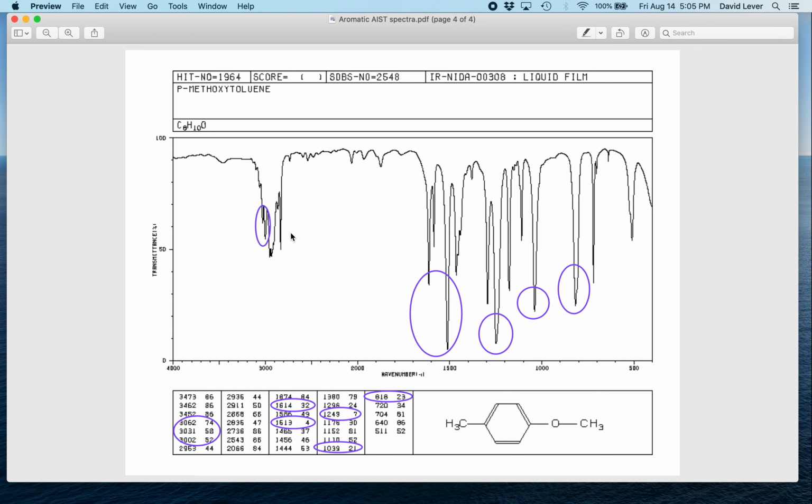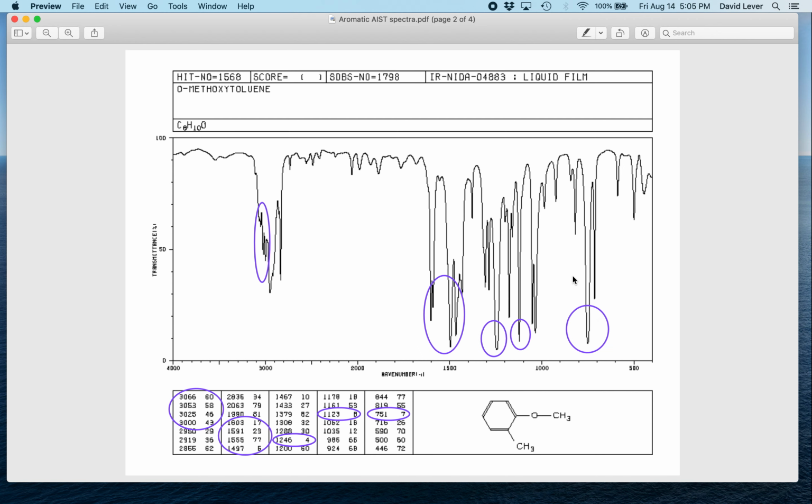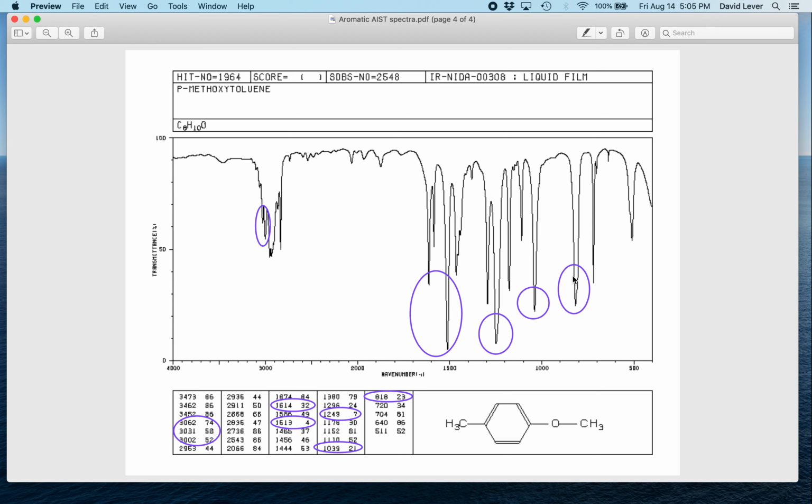A para-substituted benzene, a 1,4 substitution, our single peak here is at 818, as opposed to where it was for the ortho substitution, which was at about 750. So 750 there versus about 820 there. That single peak moves, whether it's 1,4 or 1,3.